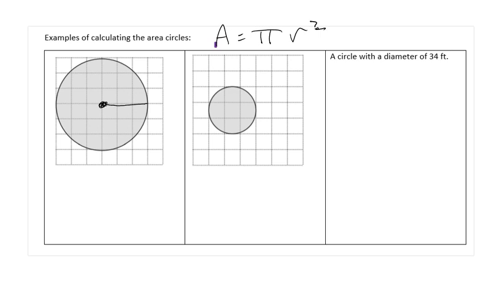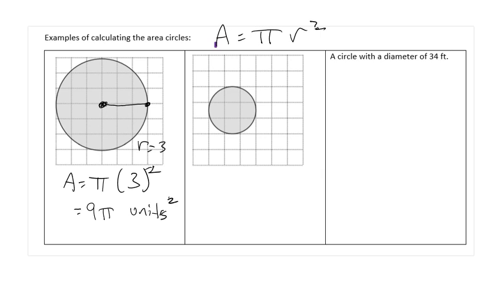And if I go straight across to my circle, the distance from the center to the circle is 3 units. So in this problem, radius is equal to 3 units. So area is going to be pi times 3 squared. That gives me 9 times pi units squared.